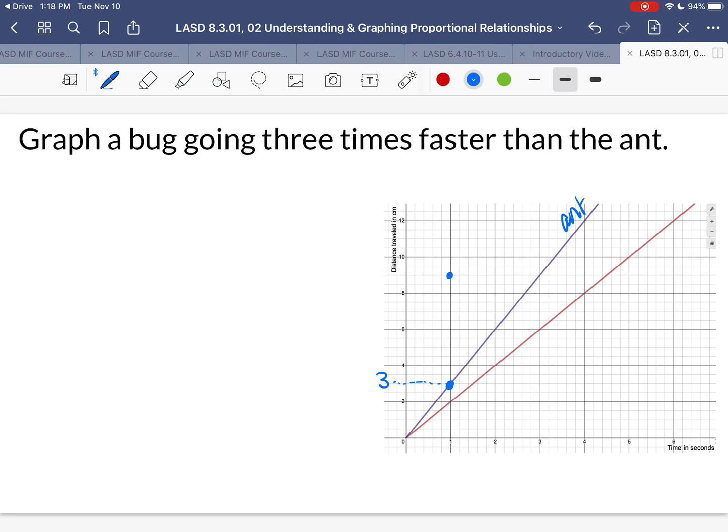So that's here. And so let's graph this third bug. Like this, and this would be our third bug. So again, I needed a coordinate pair, and starting at the origin at 0, I was able to draw a line between the 2 points then.